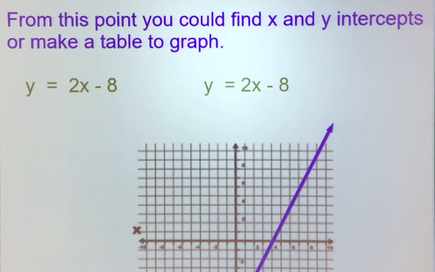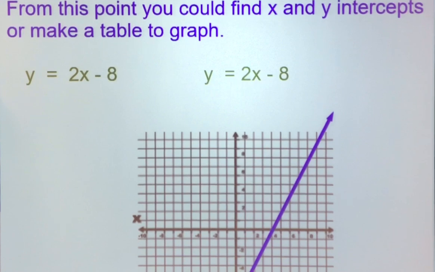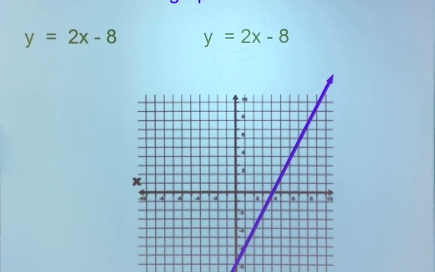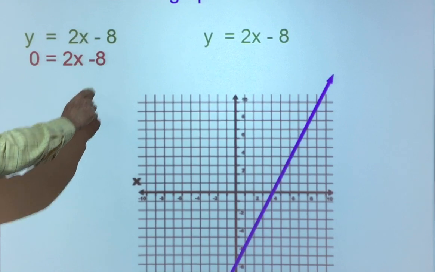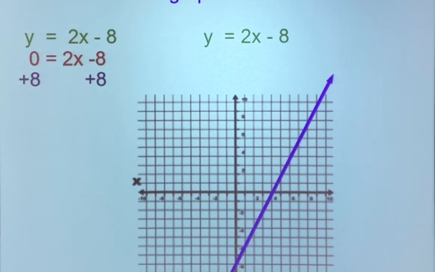Now let's take that a step further. Since we have it written in slope-intercept form, we can find our x and y intercepts very easily. Remember, to find our x-intercept, we're going to make y 0. So we substitute 0 for y and we solve the equation. First, we add 8 to both sides. The result will be 8 is equal to 2x.